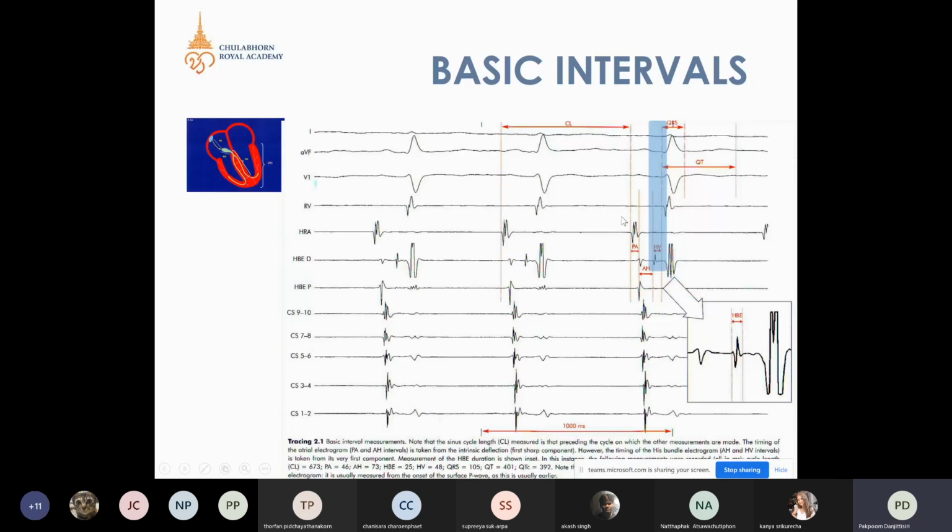But in the real lab, if you cannot see the earliest RV signal, we recommend using the onset of the QRS complex instead in all cases to measure the HV interval, okay?